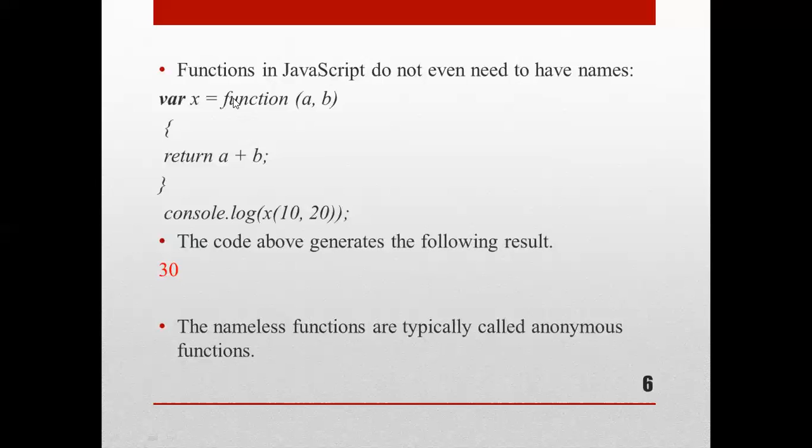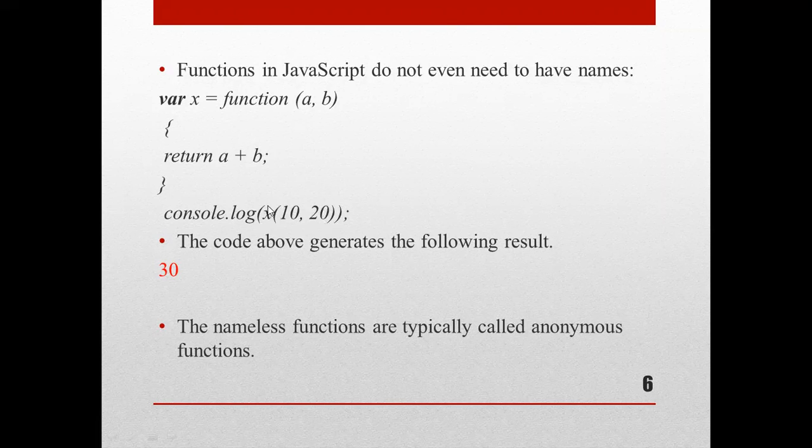Directly we are passing parameters in that parenthesis: variable x is equal to function a comma b, and the body of the function is return a plus b. Then close the body and write the statement console.log x(10, 20). This is the value for a and the value for b, and x is the variable.